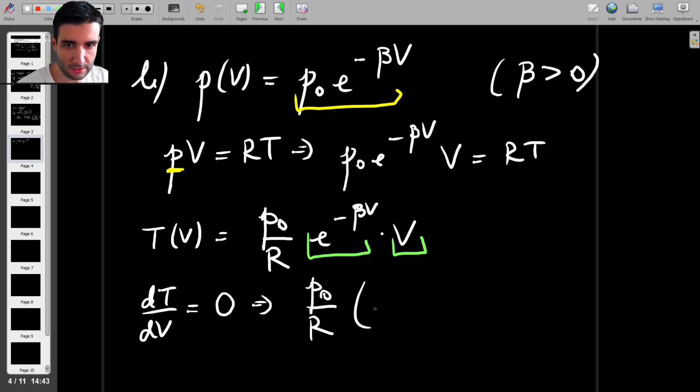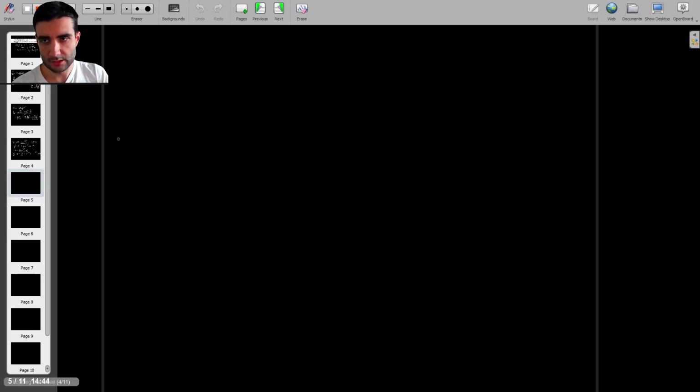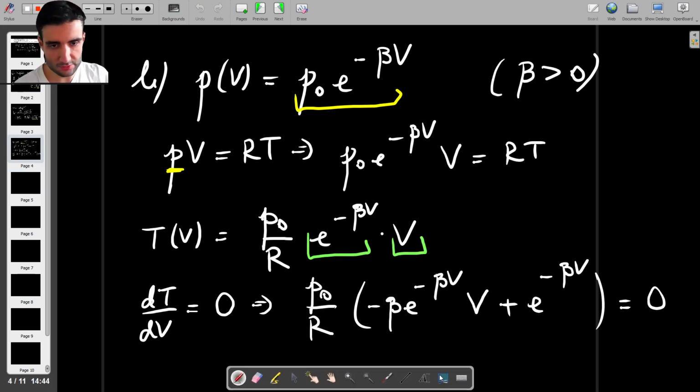So this is going to be minus beta e to the minus beta V, that's the derivative of the exponential times V, and then plus e to the minus beta V times 1, basically. So that is equal to 0. Okay, let's take it with us to the next page.